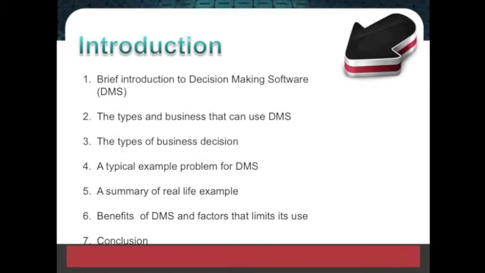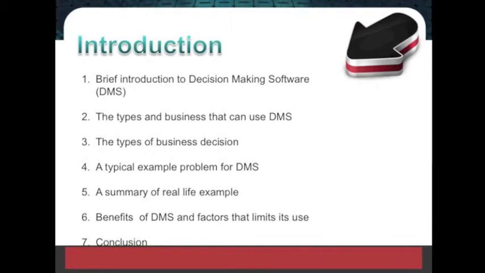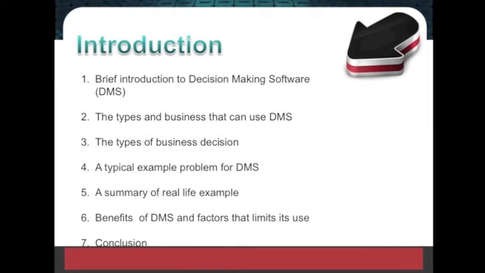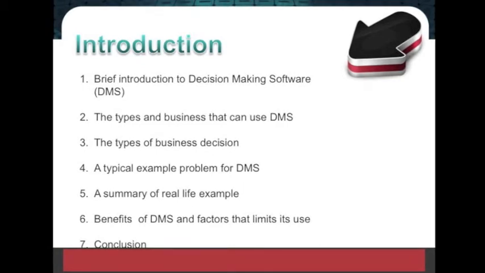Then a typical example problem for decision-making software will be provided. Furthermore, a real-life example will be introduced. Moreover, the benefits of using the technique and the factors that will limit its use will be identified. Finally, a conclusion will be made based on the discussion.